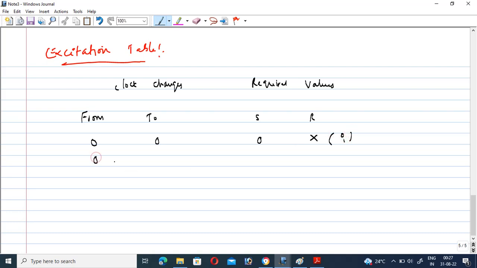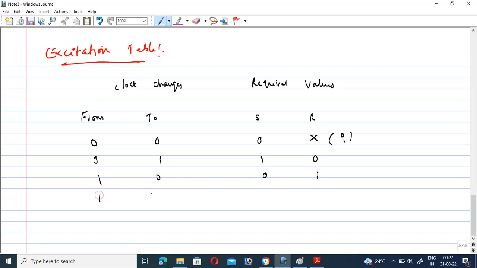Suppose the present state is 0 and it changes from state 0 to 1, which is the next state. So for 0 to 1, what are the possibilities? Set condition. For that purpose, R must be 0. We don't have any other possibilities. In case of 1 to 0, if the present state is 1 and next state is 0, it is a reset condition. At that time S is equal to 0, R is equal to 1.